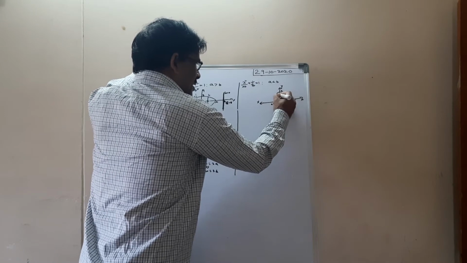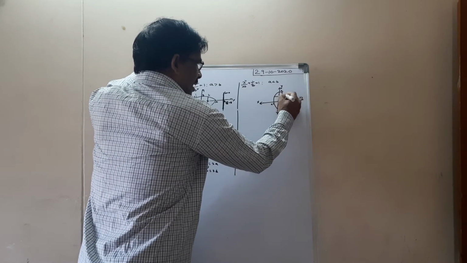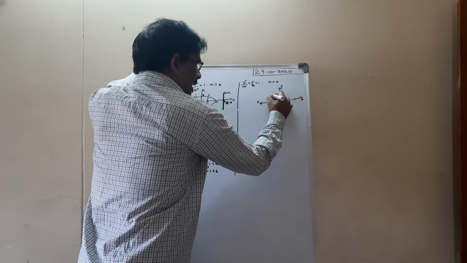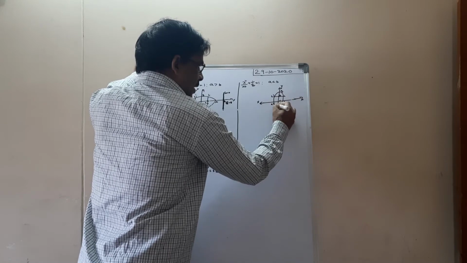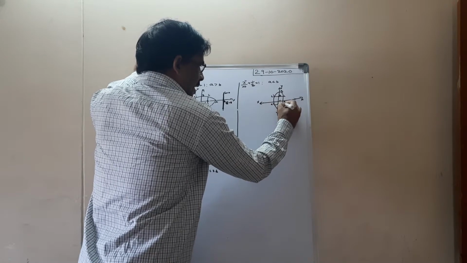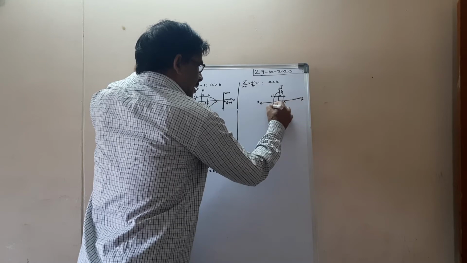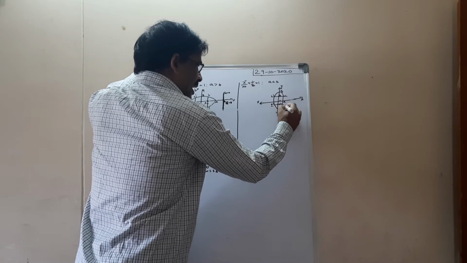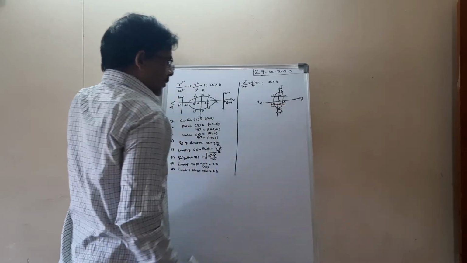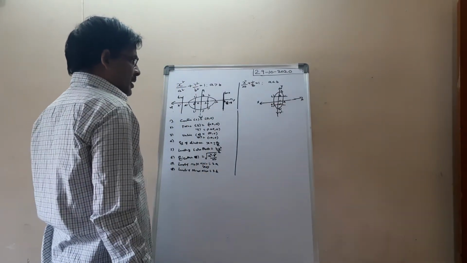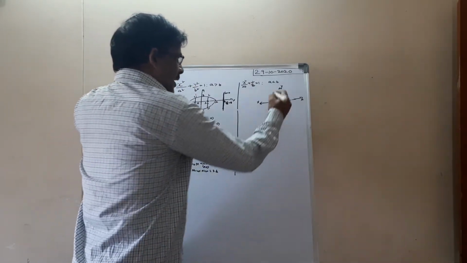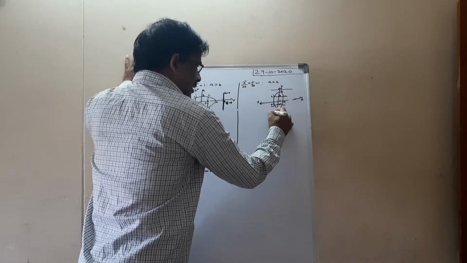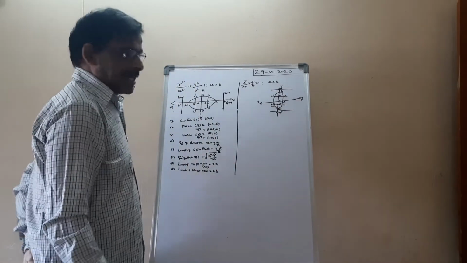Next, this is focus S, and this one is L dash. Here also second focus. This is L1 or L dash. Here L1 dash. Is there anything left? This is directrix. This is the other side of the directrix.